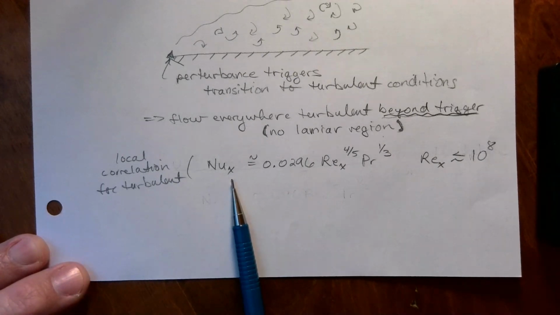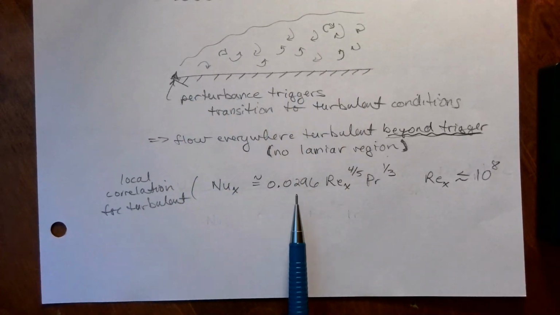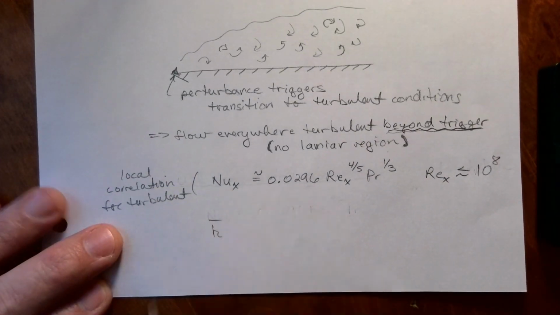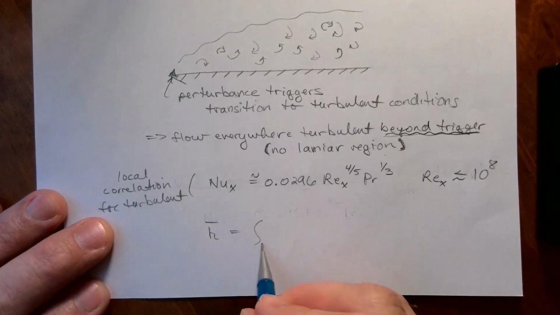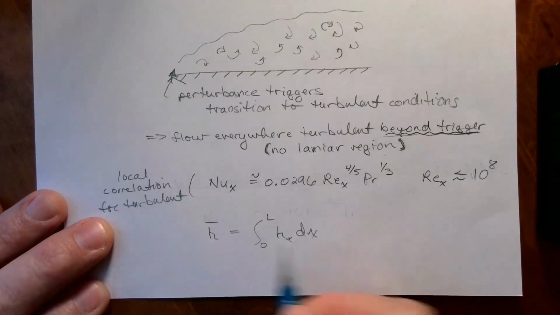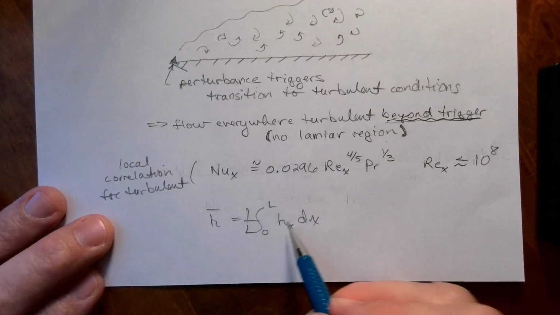If you need to know what the average h is over this entire distance, then you need to use this correlation to evaluate the average, right? So if you want to get to h bar, you're going to have to integrate from 0 to L h_x dx, put a 1 over L out front. You're going to have to evaluate that yourself.